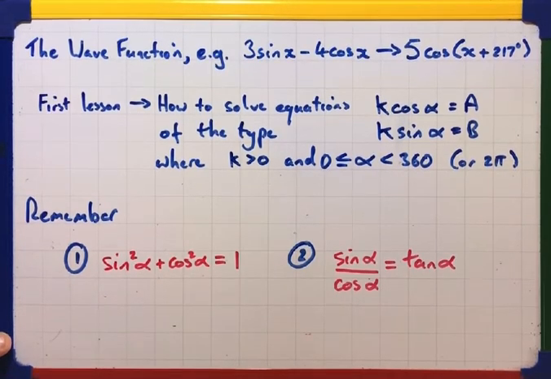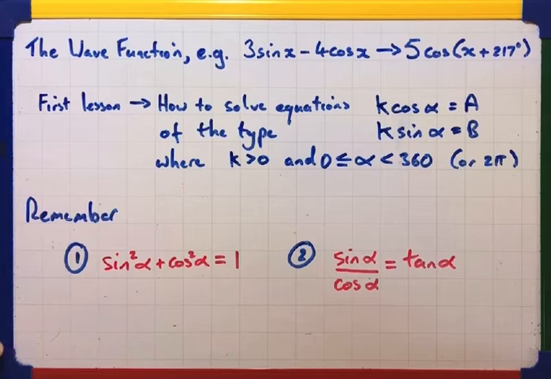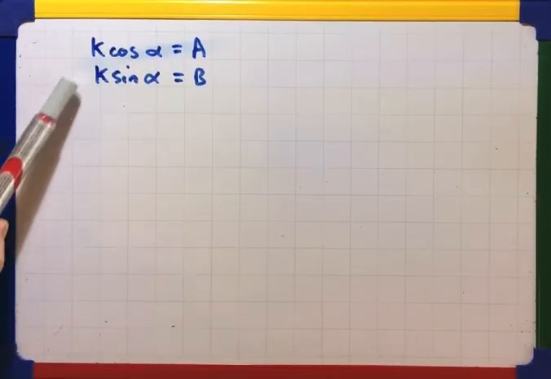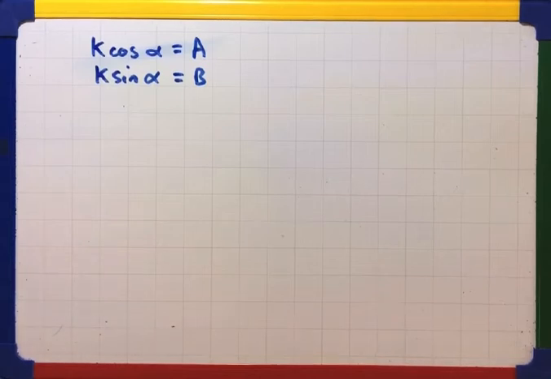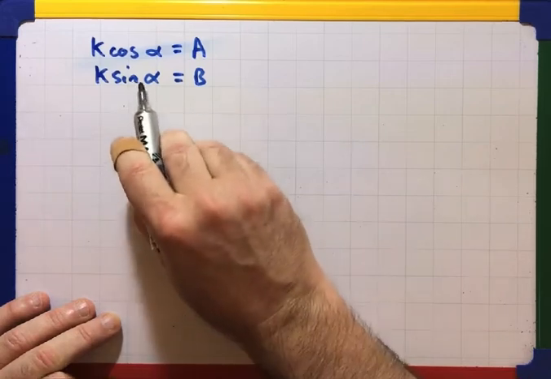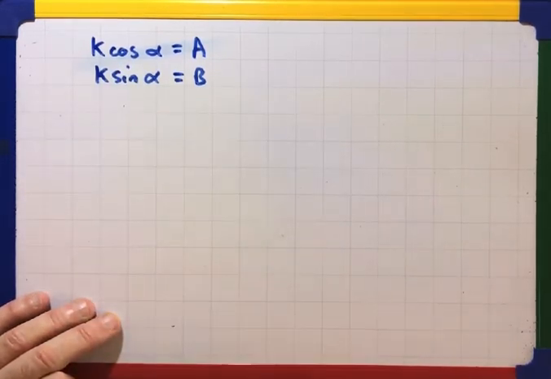Okay, let's go through what we're going to do to solve this sort of equation. Let's look at this type of simultaneous equation and think about the technique we're going to use. The first thing I'm going to look at is how I work out what k is. To do that, I'm going to square and add these two equations.